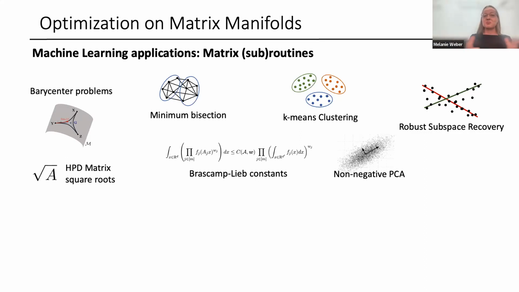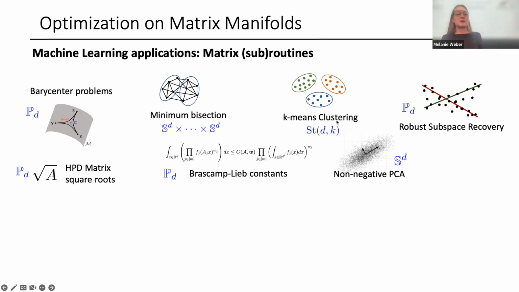Those are all problems or algorithms that can be phrased as Riemannian optimization methods. Here I've written what types of manifolds we can parameterize these problems on. You see a lot of PD showing up, which means the problem involves positive definite matrices, and we can raise this problem on the manifold of positive definite matrices. In fact, all the numerical examples that we will see in this talk are of this form, where our function is defined on positive definite matrices.